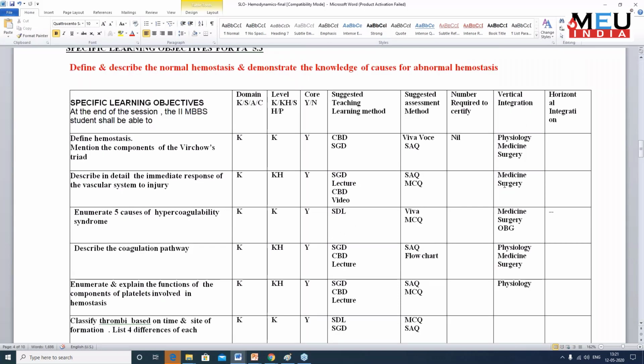The third SLO would be, yeah. Any inputs, any changes suggested? Can I say something? Yes, ma'am. Sir, regarding the, I mean, you're not including hemorrhage. It's an important thing.